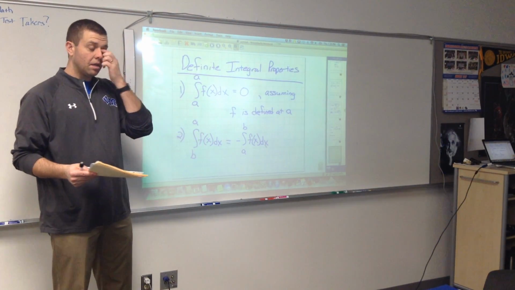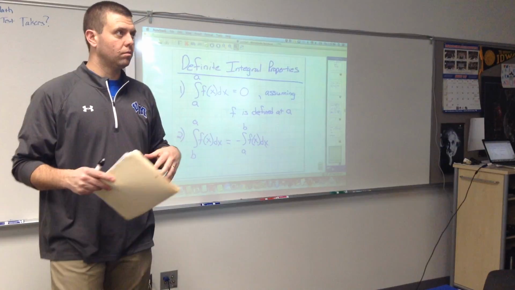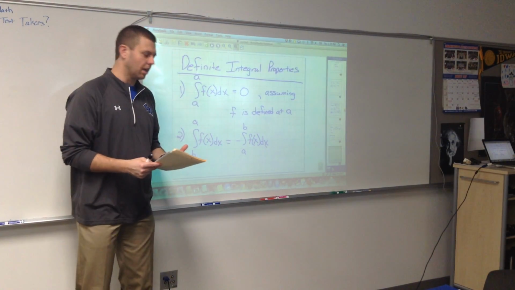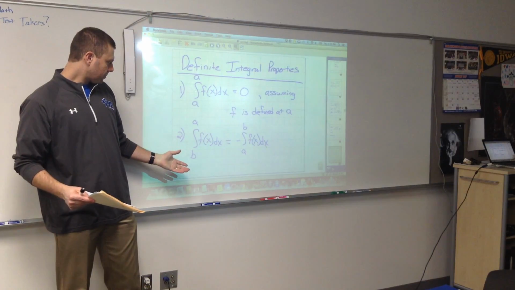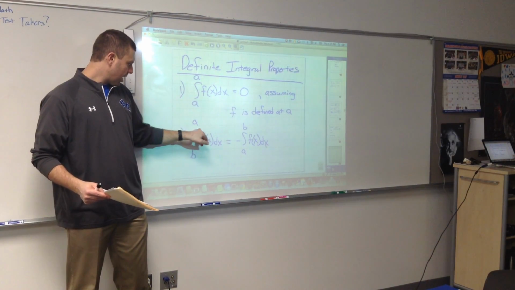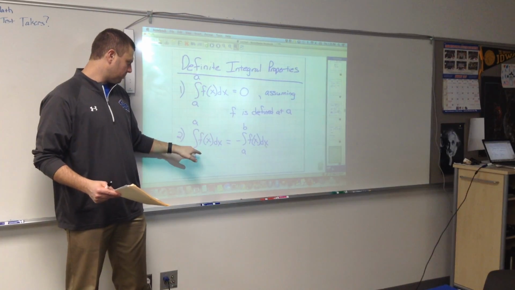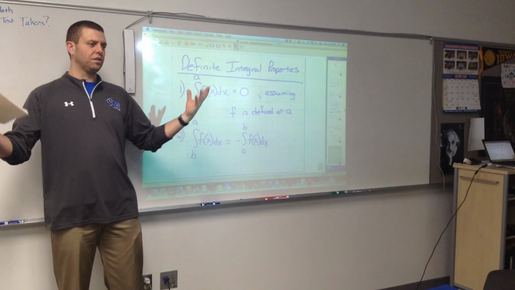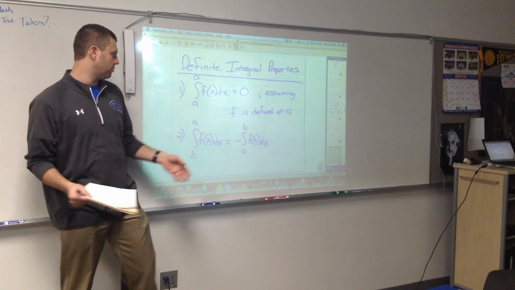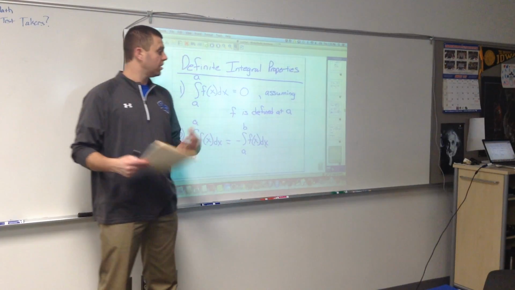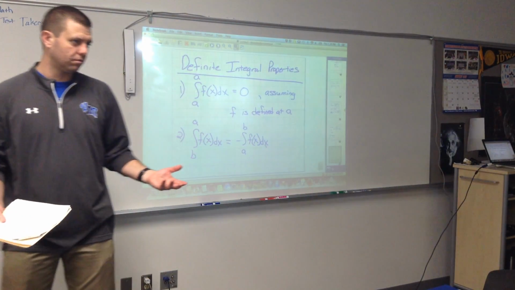Okay? It doesn't really truly represent what you think of as a concrete area then. Okay? So if they would tell you that the integral from 10 to 4 of some function was negative 52, well then you know that the actual area under the curve from 4 to 10 is actually then a positive 52.